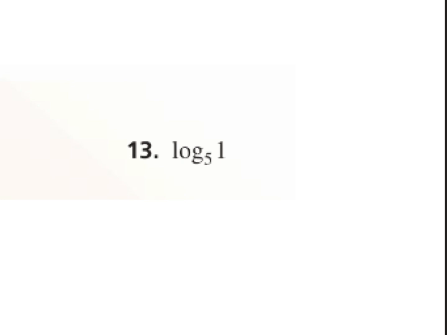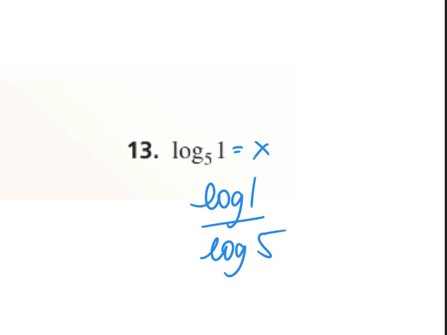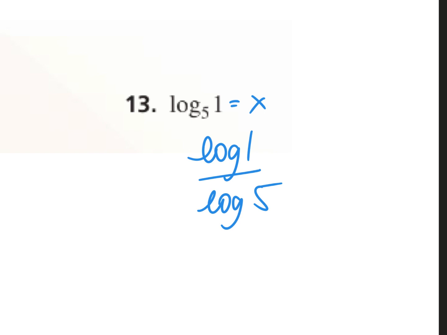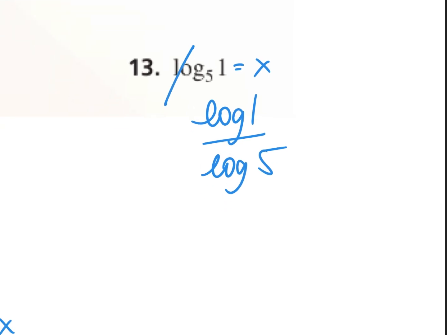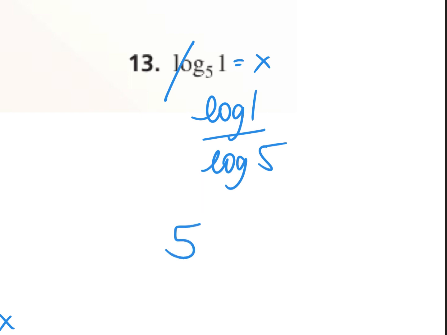All right, look at this one. Again, some of you can put this in your calculator. You'd say log 1 divided by log 5. But if you forget that change of base formula, think exponentially. I'm trying to find out what x equals. So if I think exponentially, my little log crosses out and my little 5 becomes big, right? And then what happens with 1 and x? They switch spots.